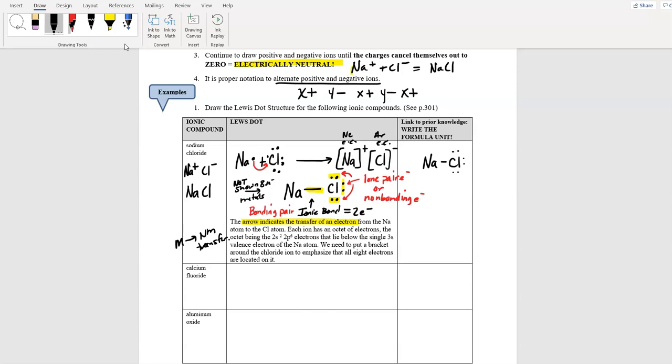Okay, calcium. Okay, calcium has 2 valence electrons. And I got fluorine. Okay, fluorine has 7. So calcium has 2, fluorine has 7 valence electrons. So when you do fluorines, let me do it in a different color.